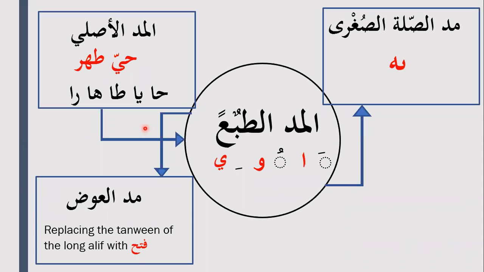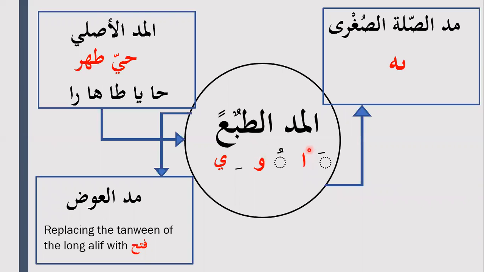Well, if we look back at our brainstorm here, what you notice is the short vowel is represented by a fatha, which is a. The short vowel of dhamma is u. The short vowel of kasra is e. So a, u, e. But your long vowel, if you notice, it has no marking or harakat on it. When I say harakat, I mean any vowels.